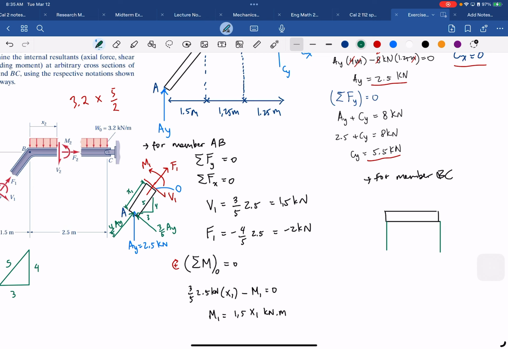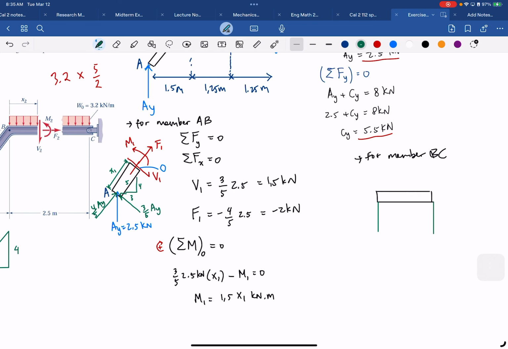Or you could use this and use the reaction force at the C. Both should give the same calculation. The difference is the result. If you choose the left, the distance is x2. If you choose this, then the distance will be this minus the x2. I hope that is okay.